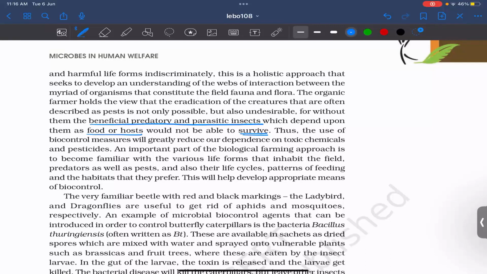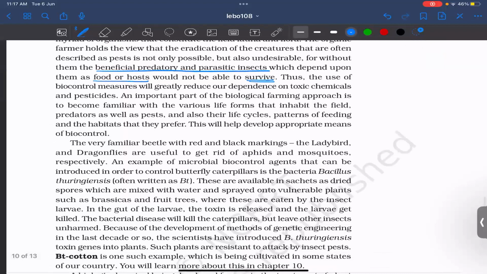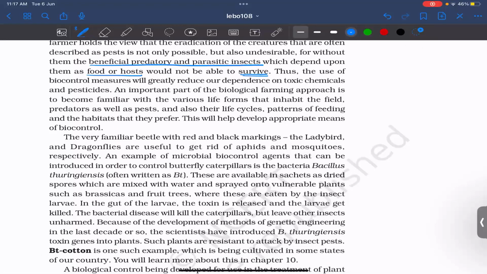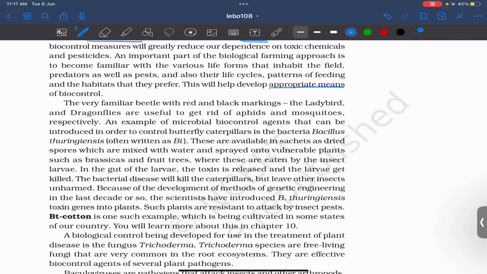So if you eliminate all the insects causing disease to the plants, the parasitic insects or the predatory animals or the birds which feed on them will not be able to survive, and this will lead to a decrease in their population also. So if we keep every organism at a manageable level, it will lead to an appropriate means of biocontrol.